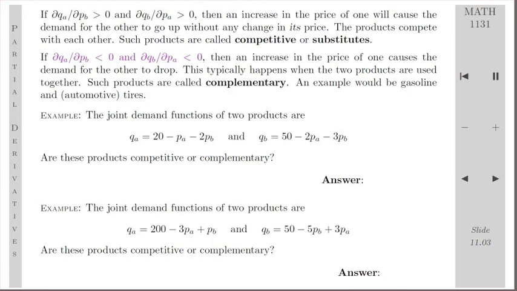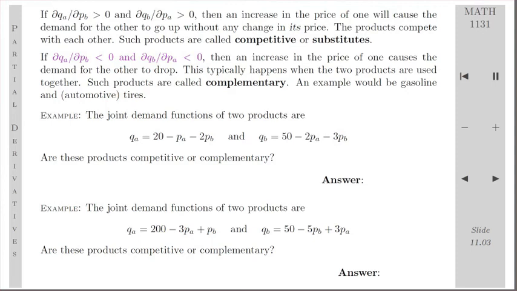What if they are both negative? So if the price of one increases, the demand for the other falls. This looks like it's a strange situation, but some thought will explain why this can happen. An example of this are gasoline and tires.